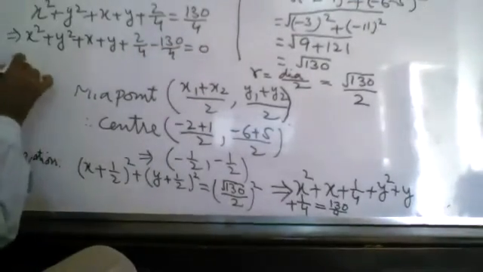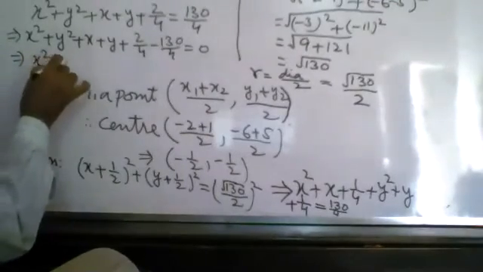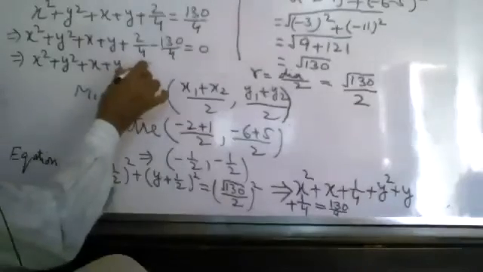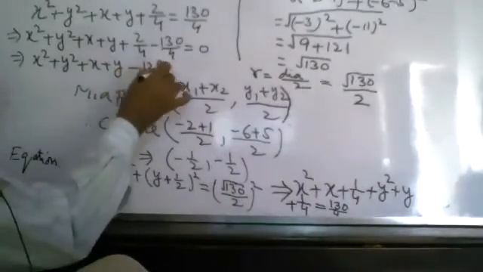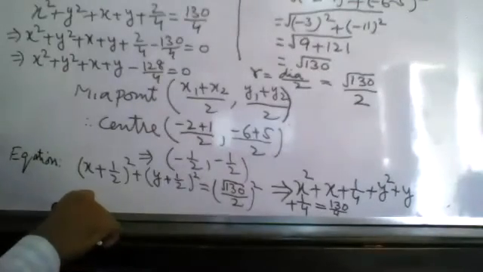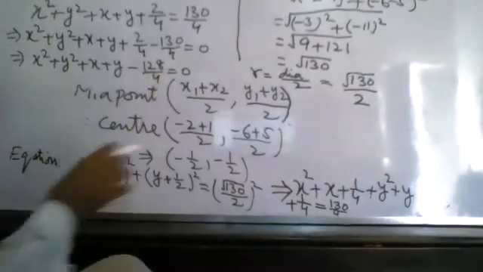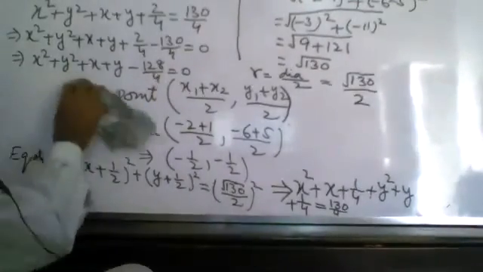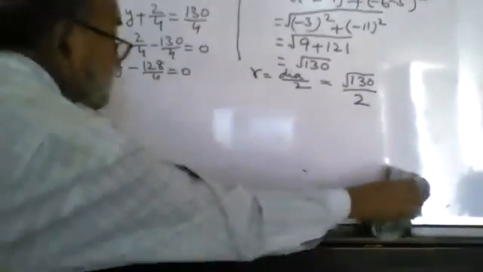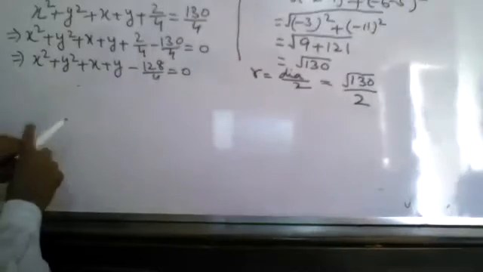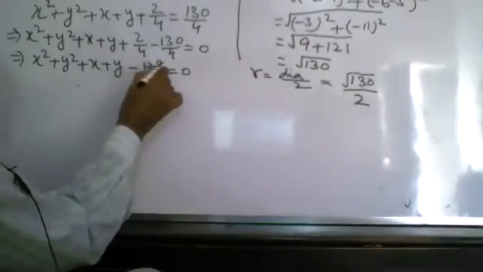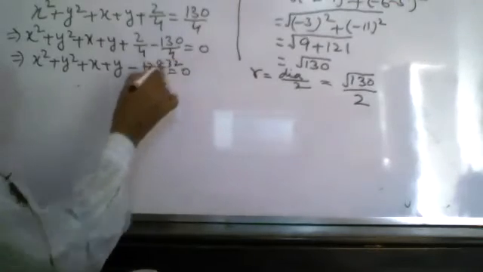It will become x square plus y square plus x plus y minus 128 upon 4. So 128 upon 4: 4 ones are 4, 4 threes are 12, 4 twos are 8.